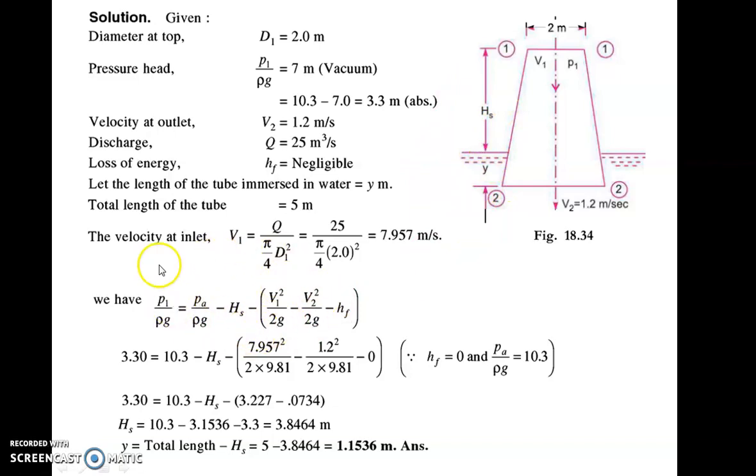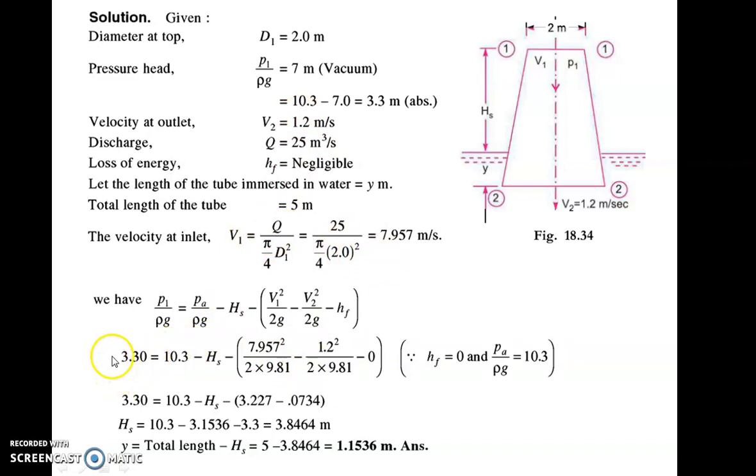We know the formula for P1 by rho g, or simply you apply Bernoulli's equation between point 1 and 2. If you apply it carefully, you should get P1 by rho g is equal to PA by rho g minus HS minus into bracket V1 square by 2g minus V2 square by 2g minus HF. HF is 0. Putting the values of V1 and V2, V1 you have calculated already, V2 is given.